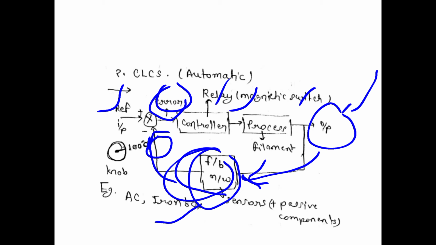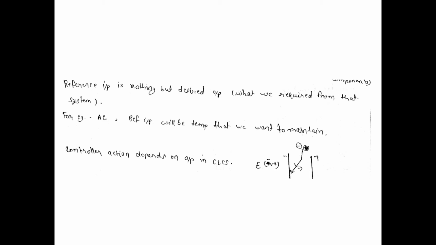So the feedback will sense it and tell the controller, and then the error will become negative, so the controller will turn off. Based on that, the closed loop control system takes action by itself. AC is also an example of a closed loop control system. So the controller action depends on the output in a closed loop control system, same thing I said.